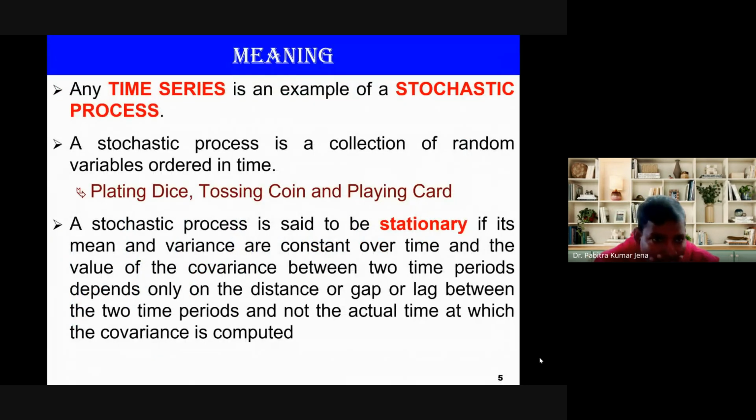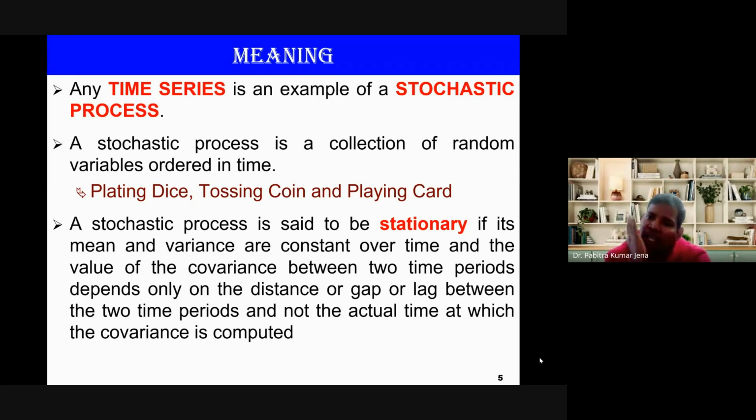In technical terms, time series is an example of a stochastic process. The stochastic process is a collection of variables ordered in time. Like when you use the probability concept, when you throw dice, toss a coin, or play cards.